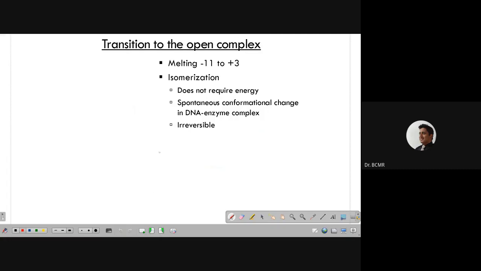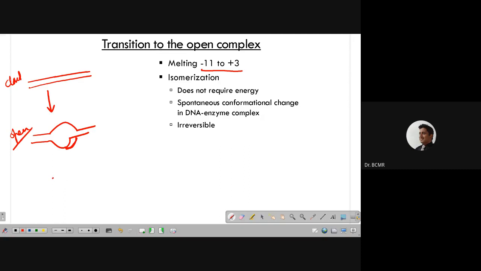So once it binds, when we were discussing transcriptional initiation, we said there is binding of sigma factor and RNA polymerase, then we have a closed complex, and then we would have an open complex, right? The formation of this open complex is about denaturation between -10 to +3 regions.